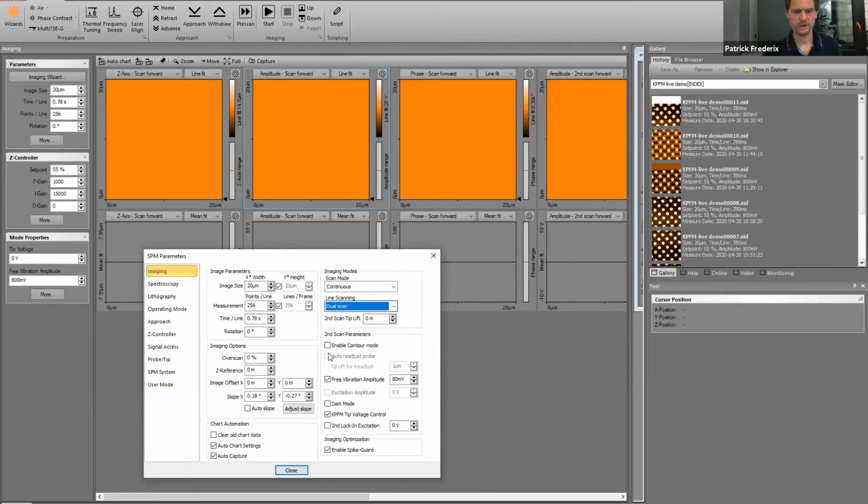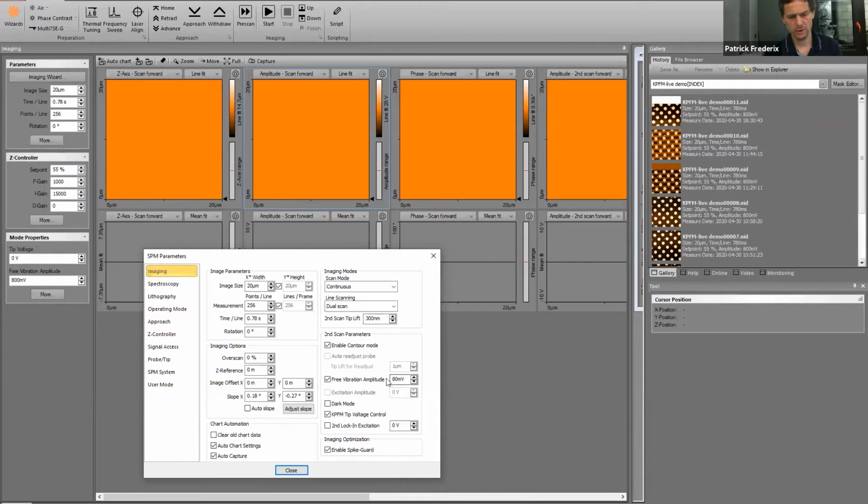Once the dual scan is activated, I can enable the contour mode so that it remembers the topography of the first time I scanned over a scan line and applies that same topography over the lift. Let's give it a lift height. In the first run, I have an 800 millivolt amplitude.